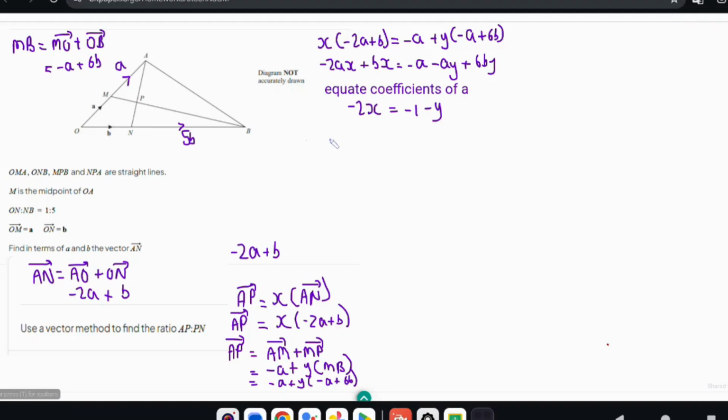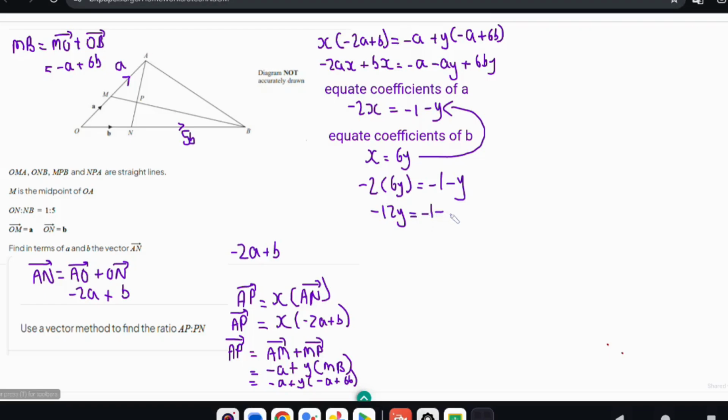I'm going to equate coefficients of b. So I know x is equal to 6y. I can sub that straight into here to get an equation all in y.